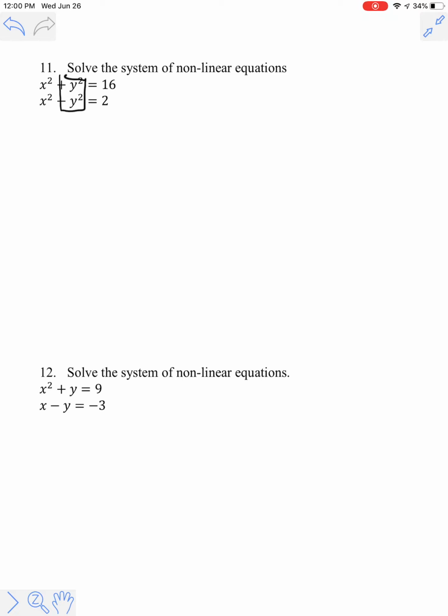I notice here that I already have opposite coefficients for y squared. So if I added these right off the bat, I'm going to get 2x squared, y cancels, equals 18. So solving that gets me x equals plus or minus 3.